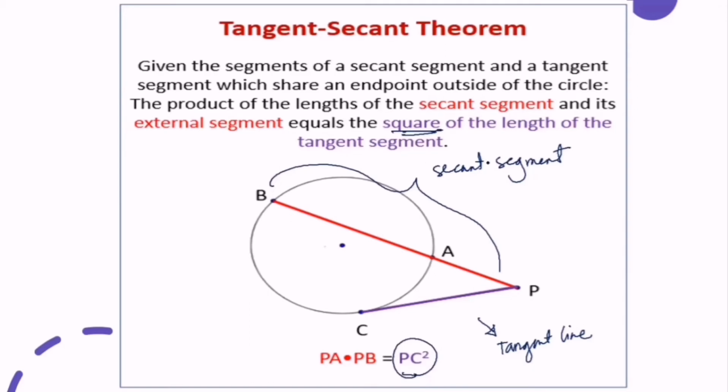Equated to a secant segment, katulad ng ginawa natin kanina, the whole secant segment times the external segment. Okay, so base dito, PB times PA. Okay, so ganun ang difference. Parehas lang naman po ng proseso. Basta si tangent, isi-square lang natin.